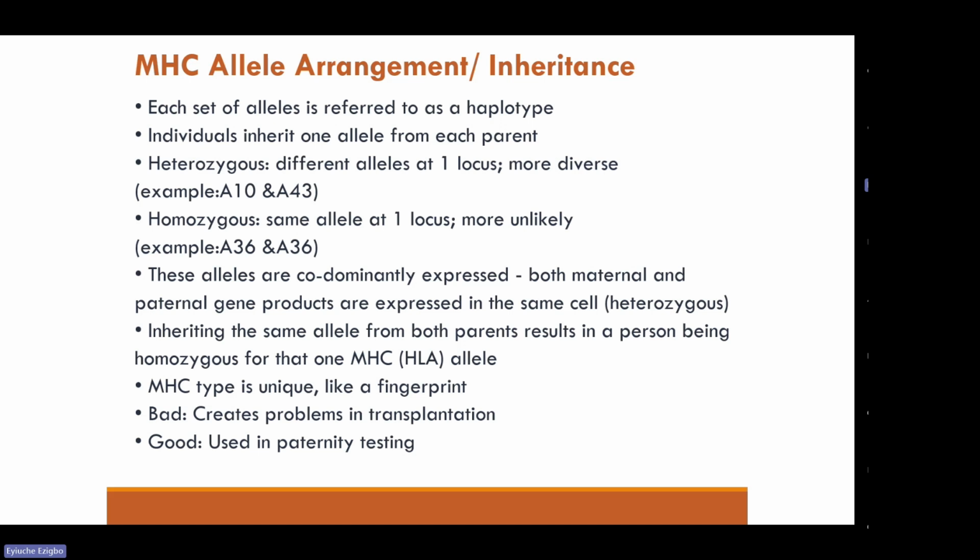But one major disadvantage of the MHC molecule is the problem it creates during tissue transplantation. Take, for example, kidney transplant. It makes it difficult to get a 100% match for someone for kidney transplant.